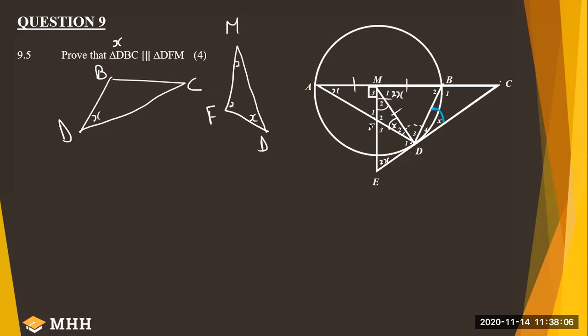Okay, D4, this one, is equal to, okay, this D4 is equal to angle A, right? This one is equal to angle A. So, okay, let's start off. In triangle DBC and triangle DFM.